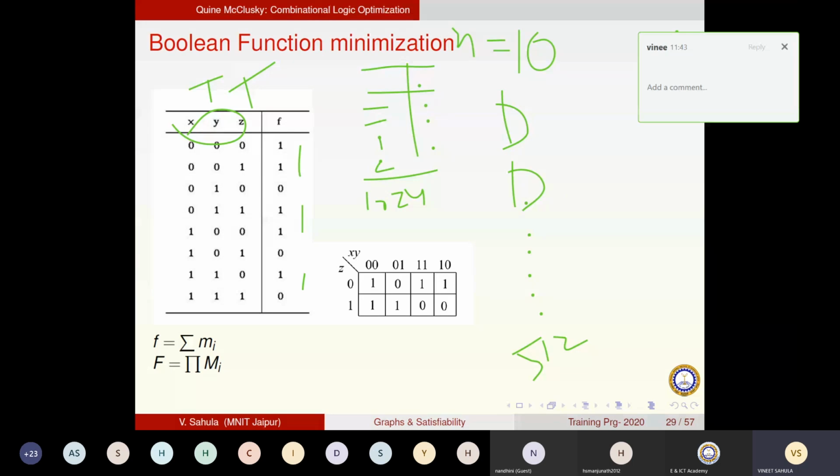What is the size of my OR gate? How many inputs will be there to this second OR gate? If there are 512 gates, the inputs will be 512 only.